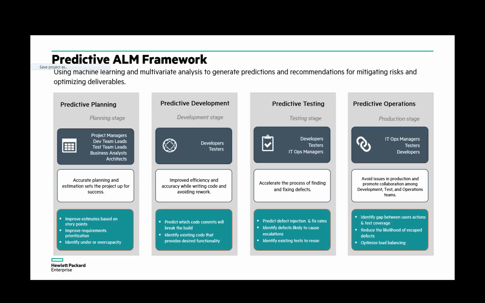So the more homogeneous, the more consistent your data is within a project, across projects, the better the predictive capabilities the algorithm is going to have. If there's a lot of variation from team to team, from project to project, then it's much more difficult to get accurate predictions because it's sort of the garbage in, garbage out principle.